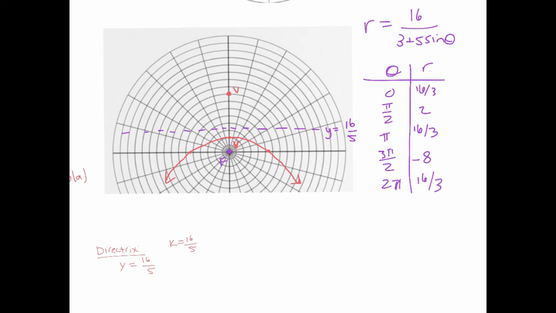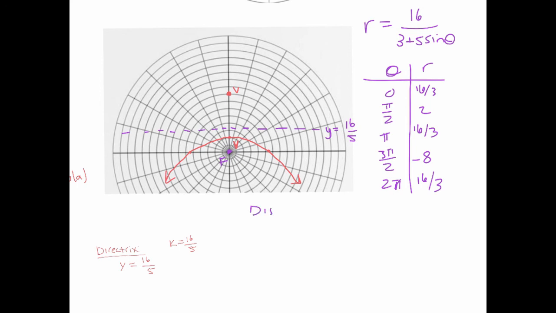Well, let's note the distance between this first vertex and the directrix. Right, the vertex here is at 0, 2, if we think of it in the Cartesian system. And this directrix is at 3 1/5.